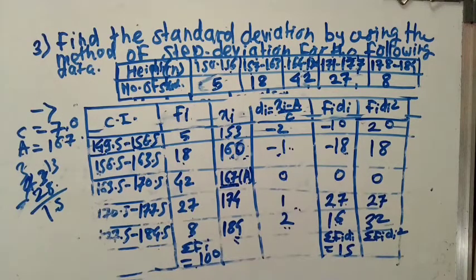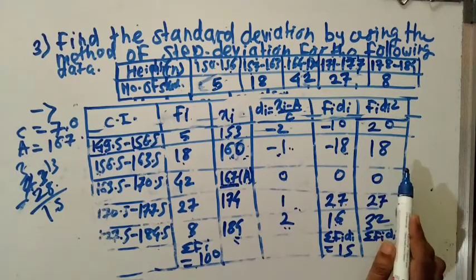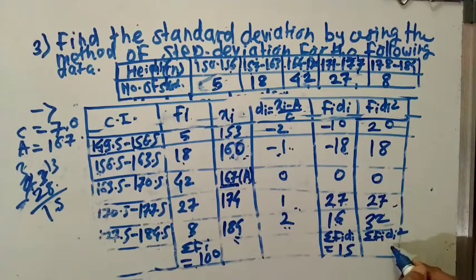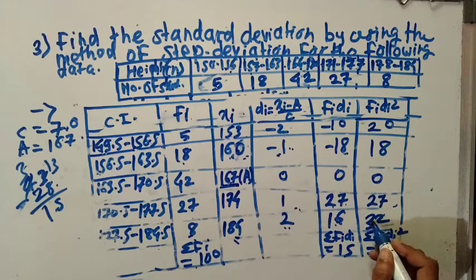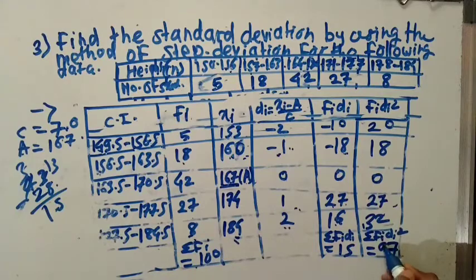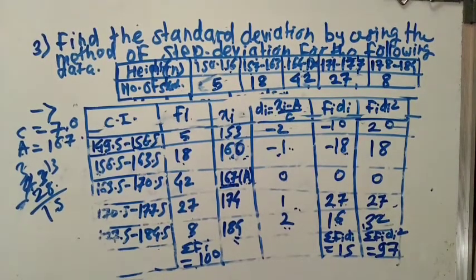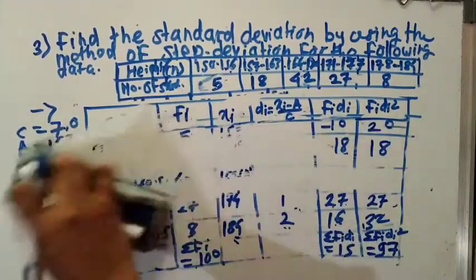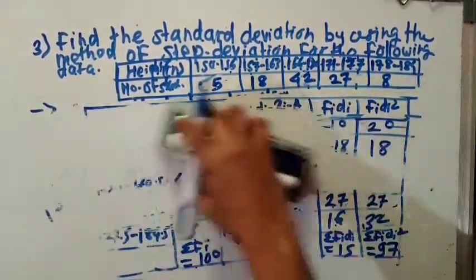Answer is 15. And the summation of fi di square: 20 plus 18 is 38, plus 27 is 65, plus 32 is 97. So 97. Then write down the standard deviation formula.